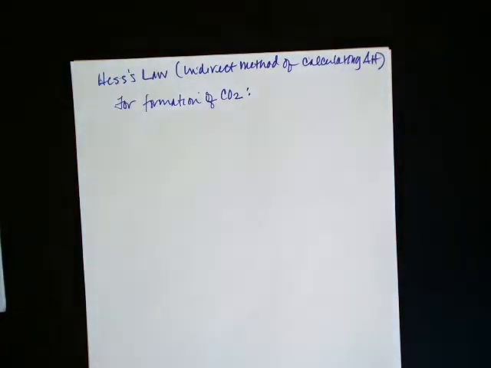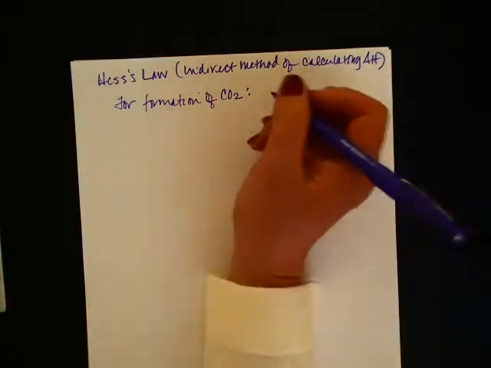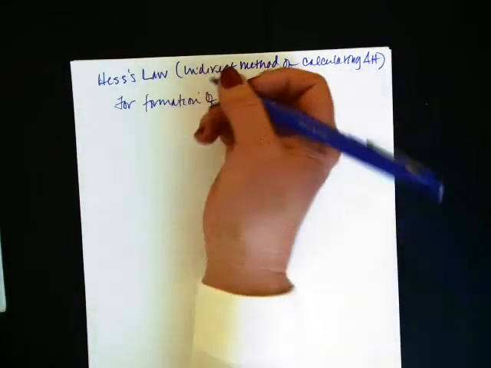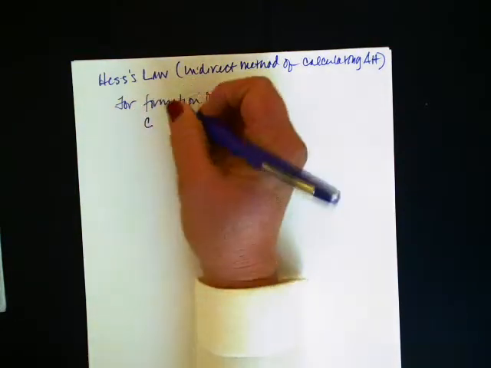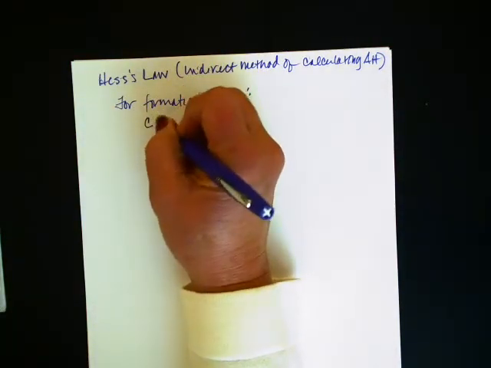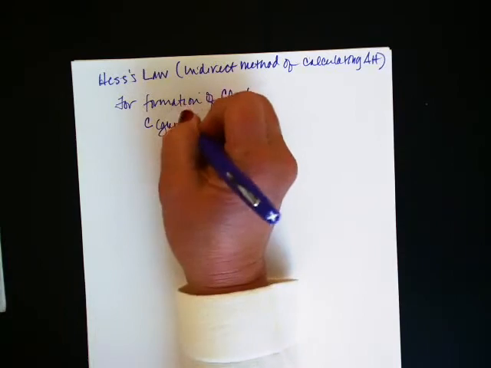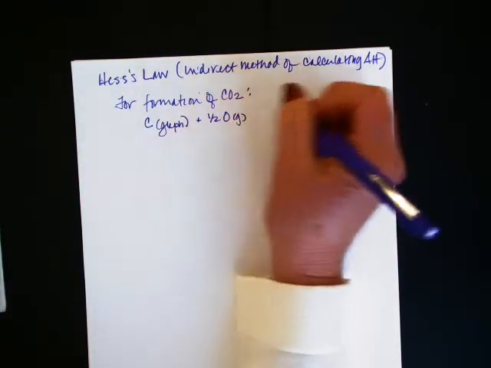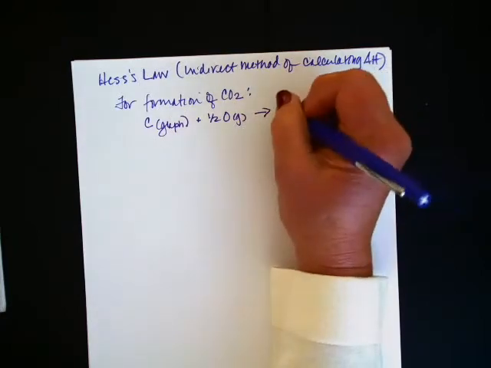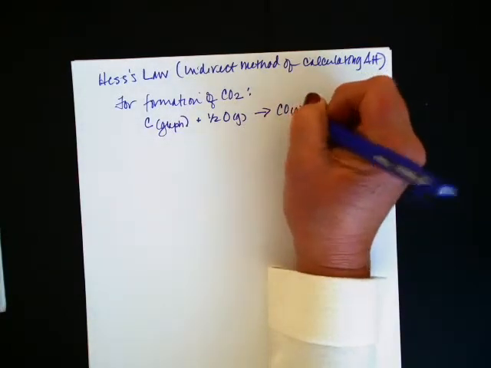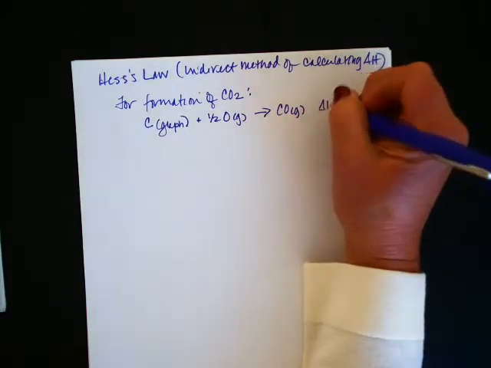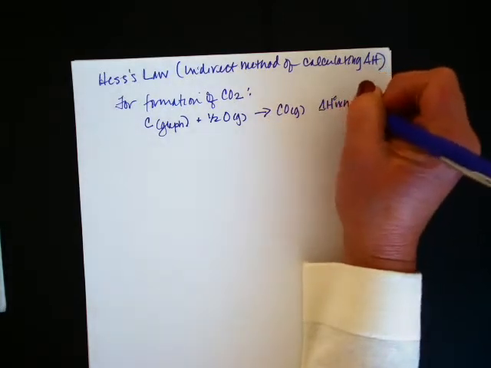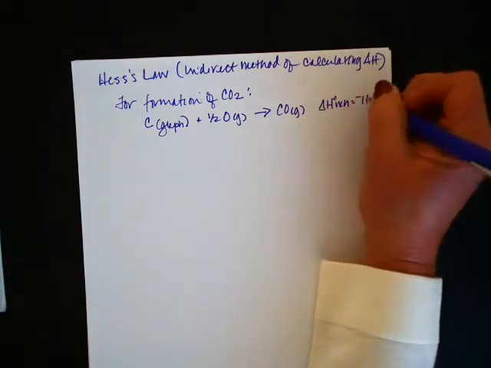And here we have C graphite plus 1/2 O2, giving us carbon monoxide, and this has a standard heat of reaction of negative 110.5, and these are all in kilojoules, just write that at the top there.